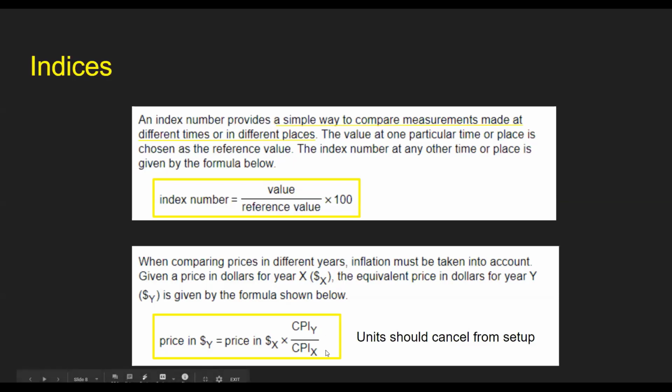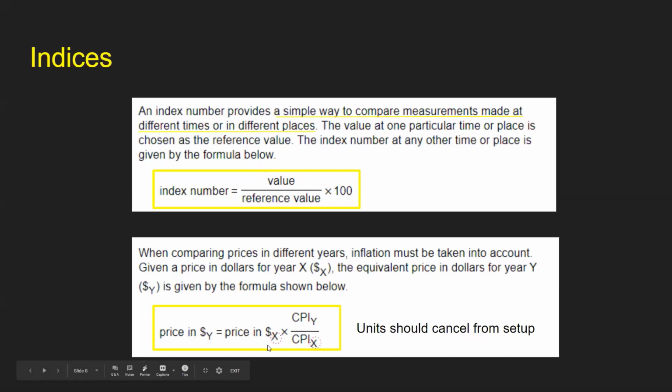And now what I want you to do right now, when you use this equation, what you're going to have the most trouble with is getting this setup correct. So knowing what goes in the numerator, the denominator. So I'm telling you now, and I want you to put this in your notes. I put little red circles here at the bottom. So if you have the price of something already, so here it's the price of X, if you have the price of year X already, then that's being multiplied by the quotient of these indices.